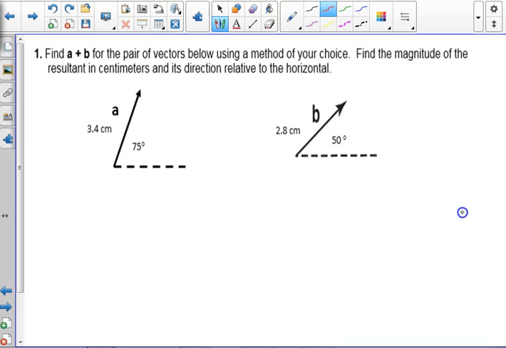Yeah, do 3.4 cosine 75, 3.4 sine of 75, 2.8 cosine of 50, 2.8 sine of 50, then what? Add them together. Once you've added them together, the magnitude would be from doing the Pythagorean theorem, right? And the direction would just be inverse tangent of the y over the x components.